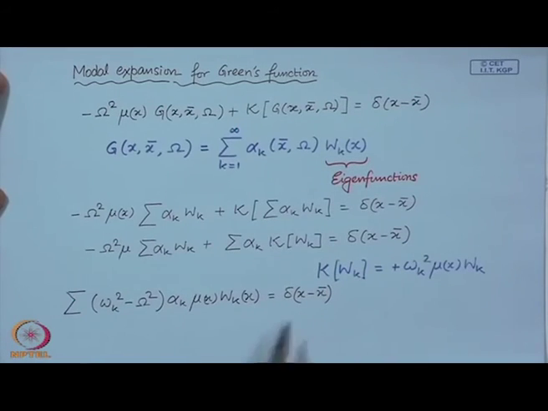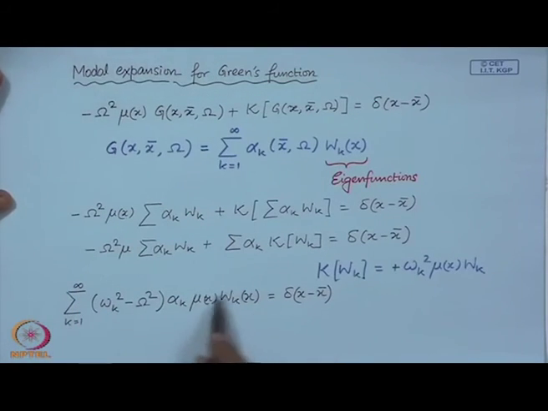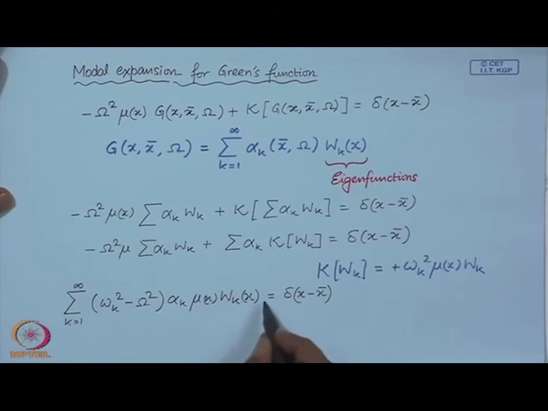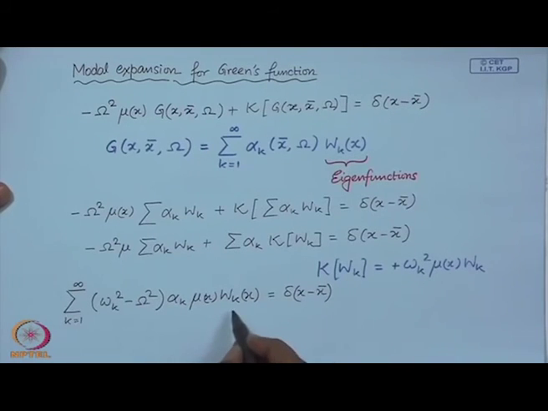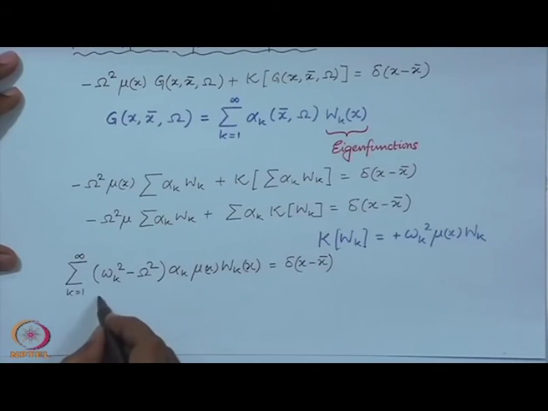now to solve this equation for this unknown alpha k, we use the orthogonality property of eigenfunctions, which means I take the inner product with w j on both sides, and using the orthogonality, it filters out the jth term of this expansion.